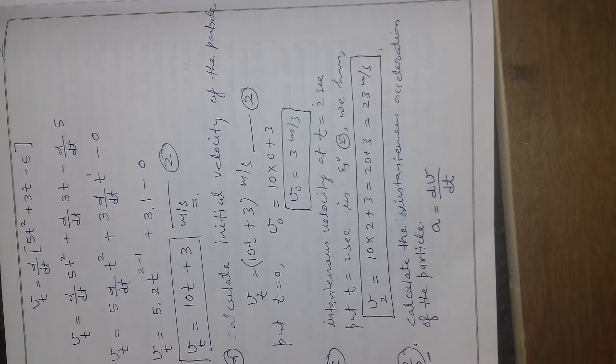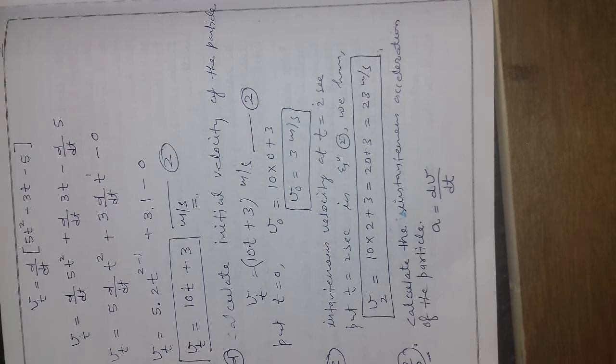For initial velocity, put t is equal to 0 in the expression v of t is equal to 10t plus 3. You see v0 gives you 3 meter per second.